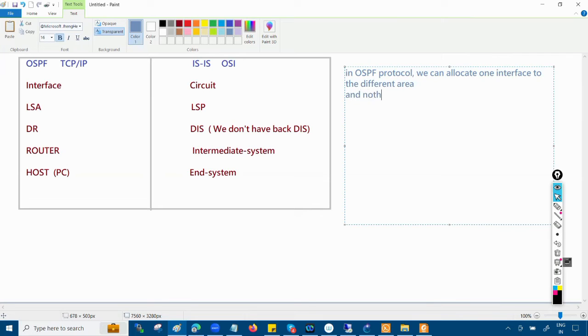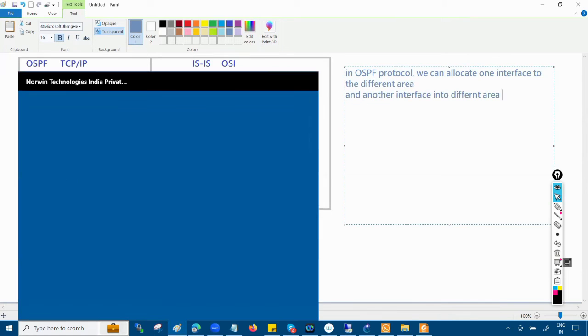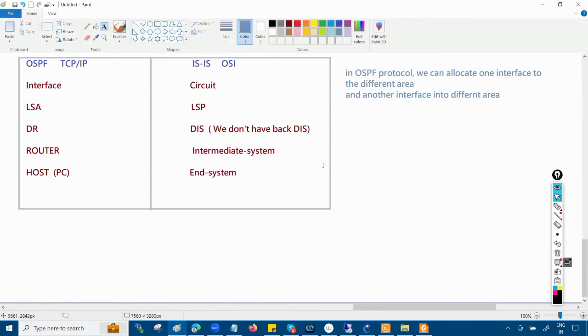And another interface into a different area. But again, this statement could be wrong. If you remember the last class, we saw that multi-area concept, right? Multi-area, yeah. In that one, we allocated one interface as a part of two areas, right? So forget that one, if I'm not going to ignore that RFC.